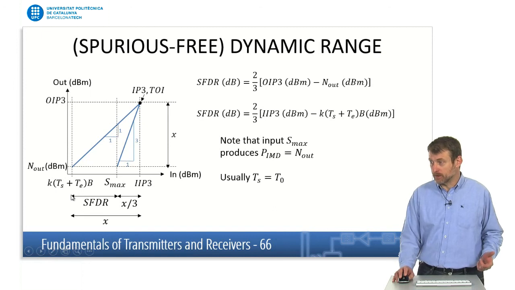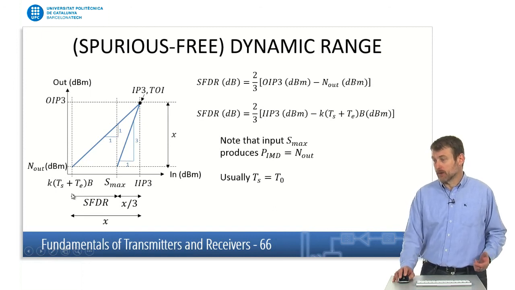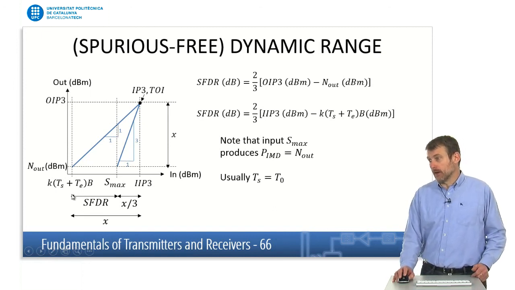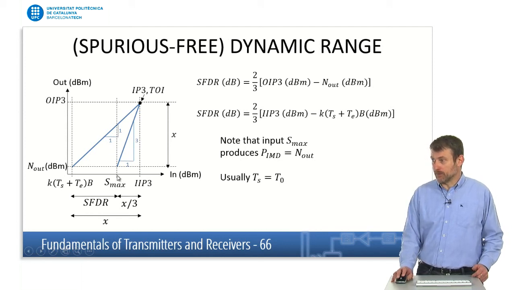That would be the limit, the minimum power at the input, and the maximum power would be bound by this S max, right? And at the maximum power, we would have that the intermodulation power at the output is equal to the noise power at the output.